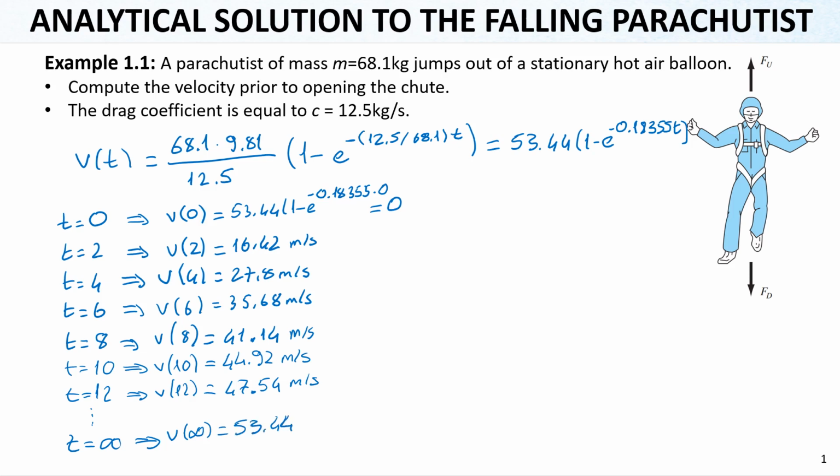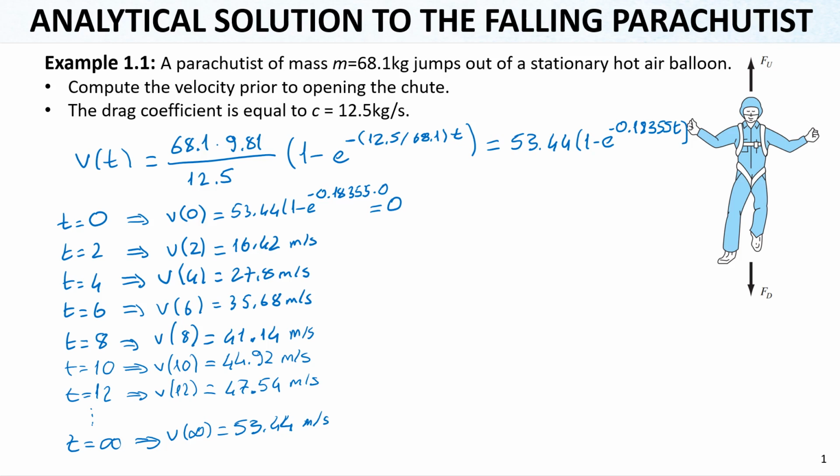You can see that we approach this value with increments of t. The velocity at infinity, which is constant, is called the terminal velocity, and the parachutist, while falling down, will eventually reach this final velocity. Then it is actually time to maybe open the parachute.